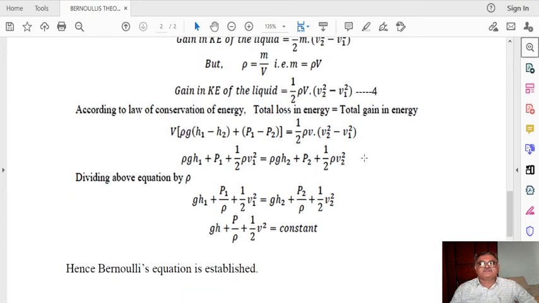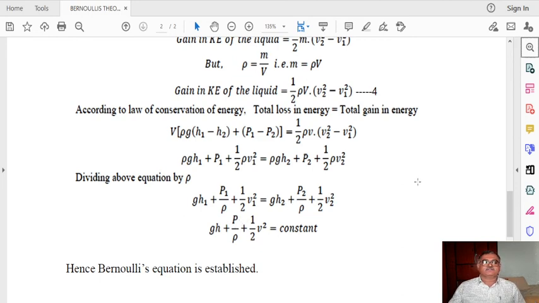For simplification, or for our required form of the equation, we will divide this equation by rho. Dividing by rho, the rho cancels: g h1 plus p1 by rho plus half v1 squared equals g h2 plus p2 by rho plus half v2 squared.